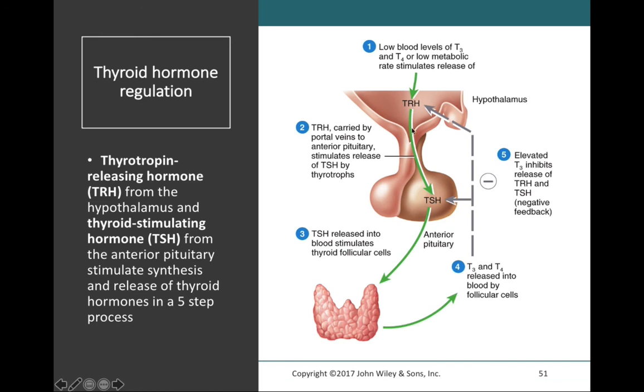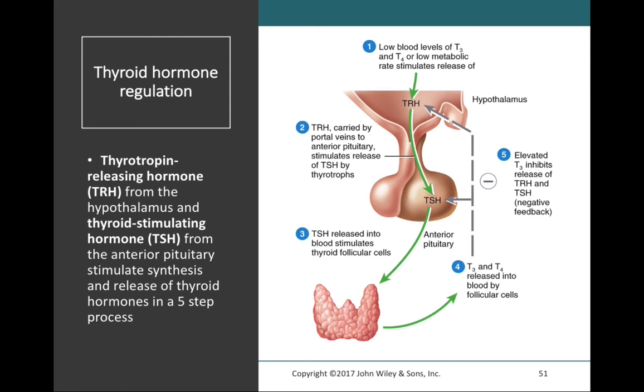Thyrotropin-releasing hormone from the hypothalamus is going to travel through the hypophyseal portal system, through the infundibulum, to stimulate the anterior pituitary to release thyroid-stimulating hormone. And this is going to be from our thyrotrophs. So thyroid-stimulating hormone is released into the blood. It's going to circulate throughout the vasculature and eventually make its way down to the thyroid gland. And the thyroid gland, in response to that, will then release T3 and T4, which are our two thyroid hormones.